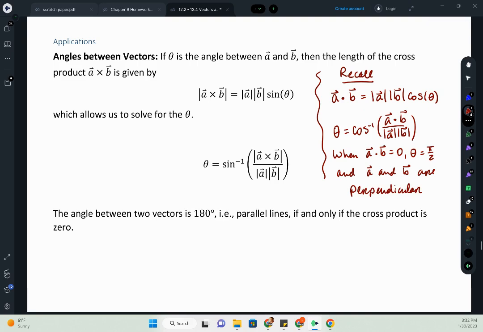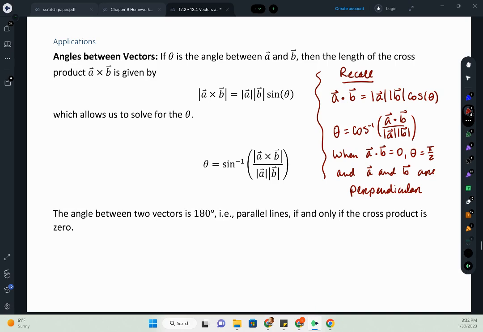For this next one, when we're doing the angles between vectors and we're dealing with cross products, what we have is the magnitude of our cross product of A and B is equal to the magnitude of A times the magnitude of B times sine of our angle.